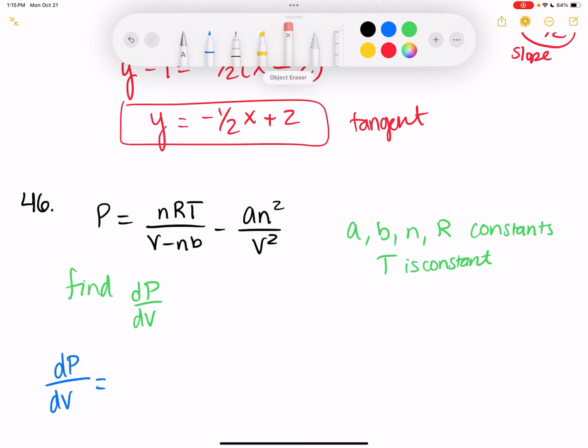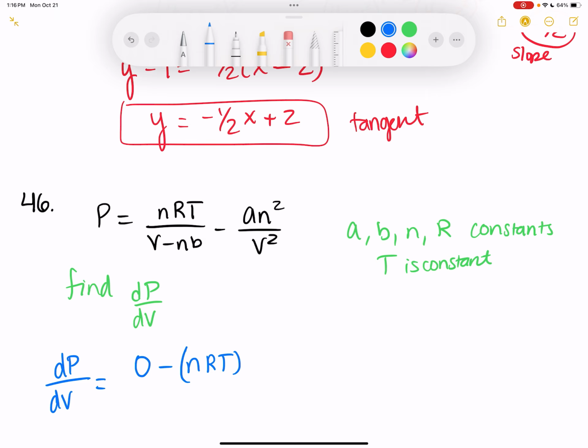So the derivative of this first part, what's the derivative of the top? 0. 0 minus, I'm just going to do that because I don't need to do anything. I don't need to write the bottom since I know the top is 0. Minus the top, nRT, times the derivative of the bottom. What's the derivative of the bottom? V is the variable. What's the derivative of V? Negative 1. Wait. What power's on here?